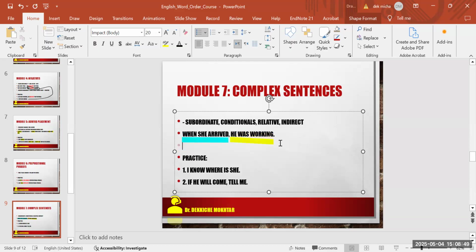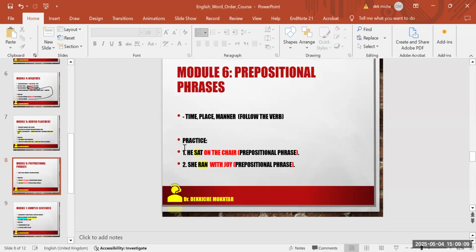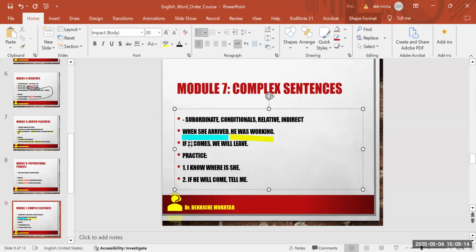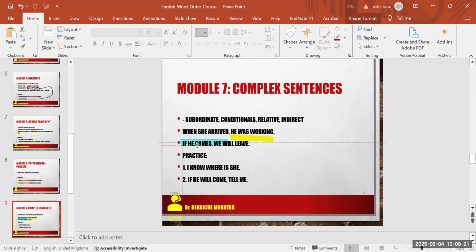Another example: if he comes, we will leave.